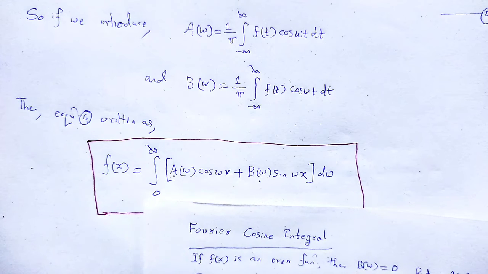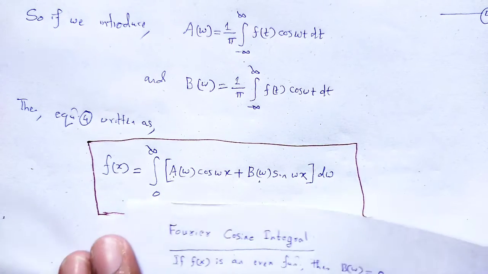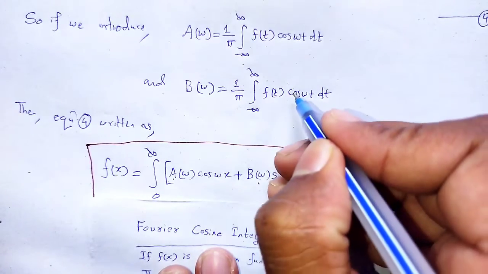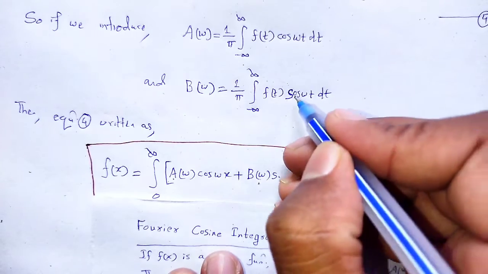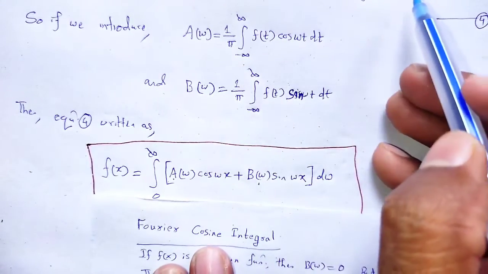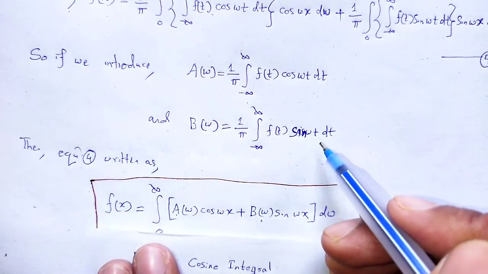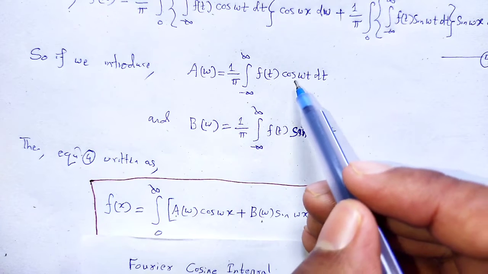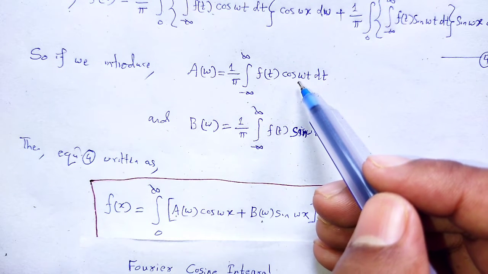There was a mistake here, that b term is the sine omega t. Sine omega t. Here is the sine one. Sine is an odd function, cos is an even function.